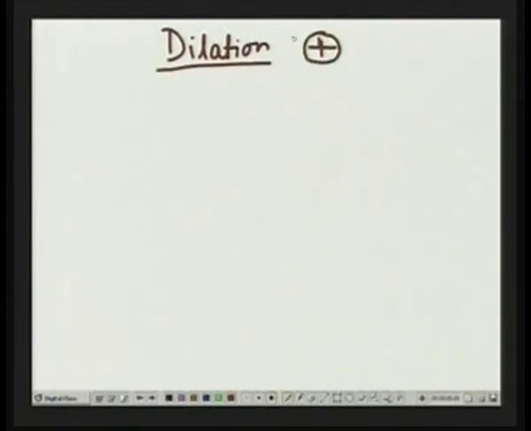First, we consider the dilation operation. This dilation operation is denoted by a symbol, a cross within a circle. This is the symbol which is used to represent the dilation operation.